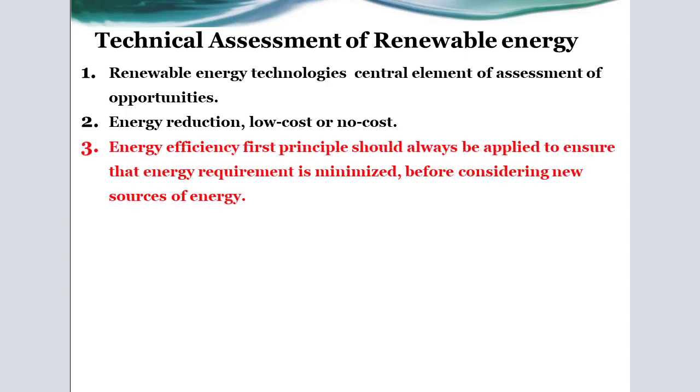Now the last issue, technical assessment of renewable energy. As we know, renewable energy technologies can represent the central element in assessing the opportunities in a specified facility, because they can be used for energy reduction at low cost or no cost, and also this energy is environmentally friendly.